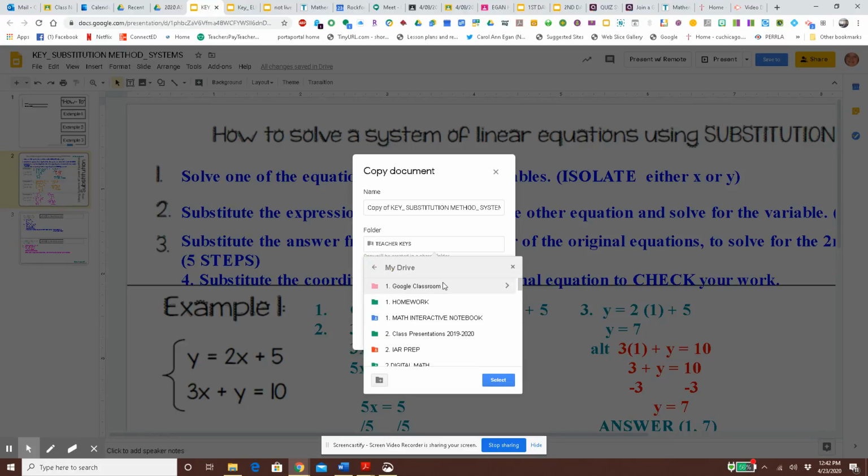So I'm going to go back out of where I had them. I'm going to go back to my main drive. That's where yours should be, in a folder that we called Math Notes. Maybe, did I make it Egan Math Notes?